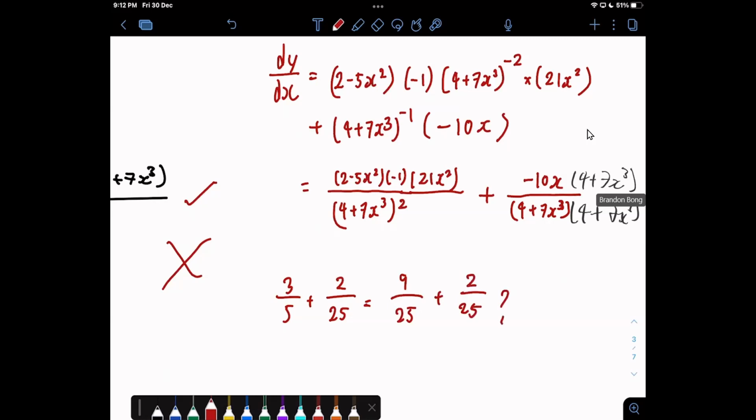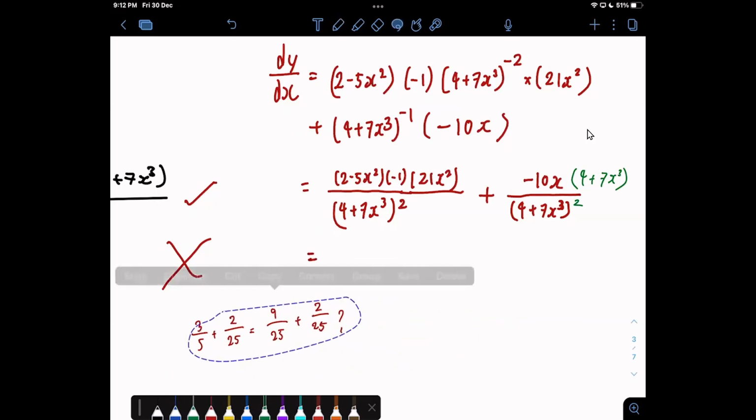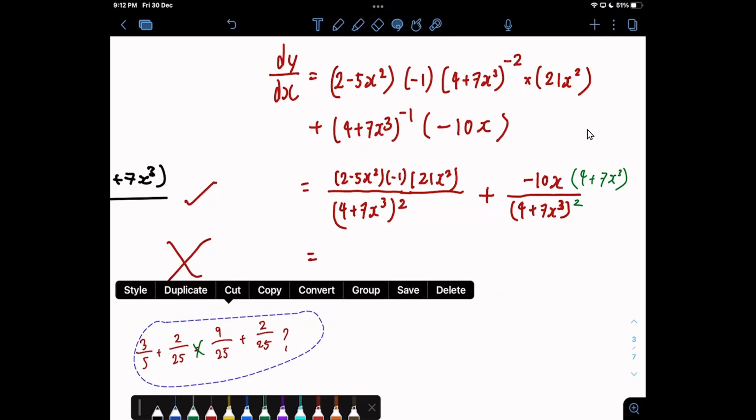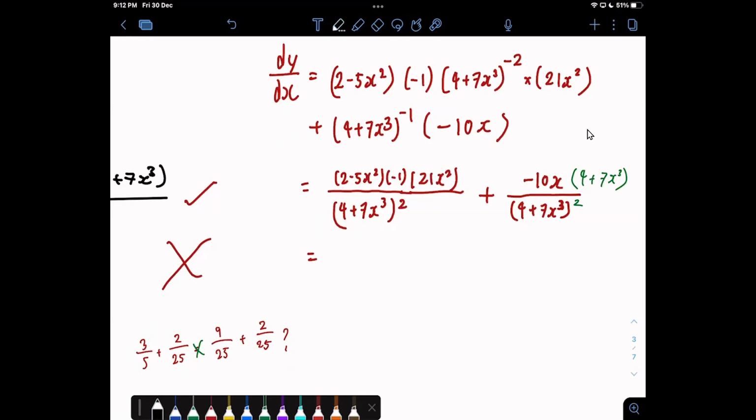No, that's not the correct way. You multiply top and bottom by the same thing. In this case, one copy of this base. So it becomes bracket 4 plus 7x cubed at the numerator, then this one becomes squared. Then you have the same denominator. Okay, this question mark is clearly not equal. You're supposed to make the denominator the same by multiplying 5 top and bottom, not square both sides.